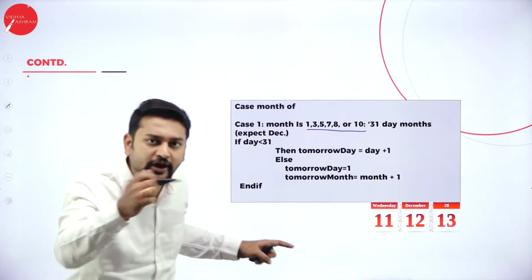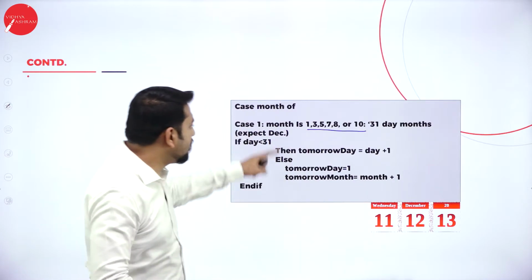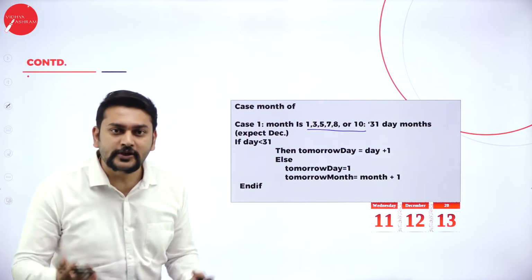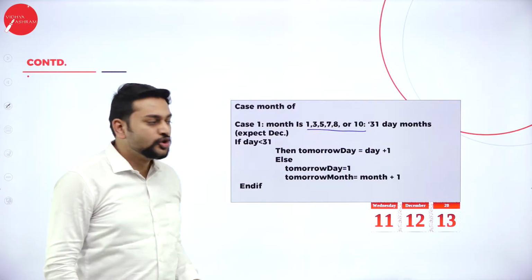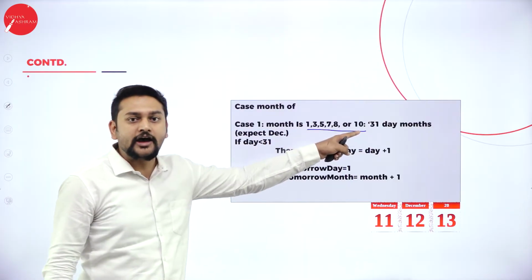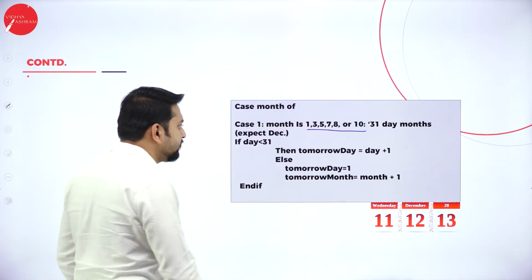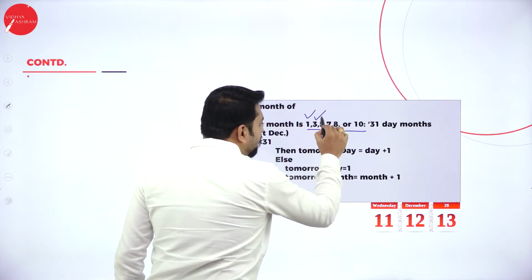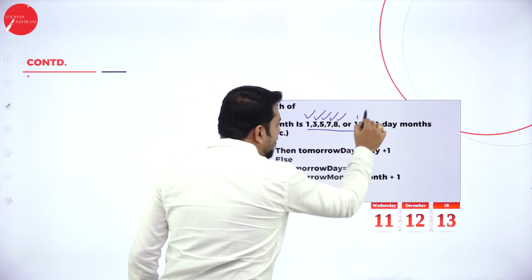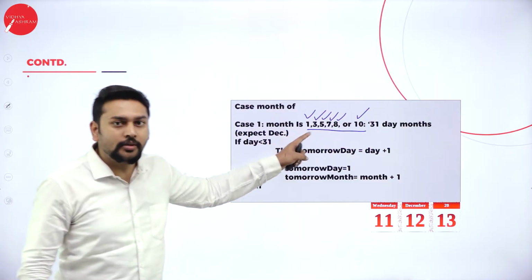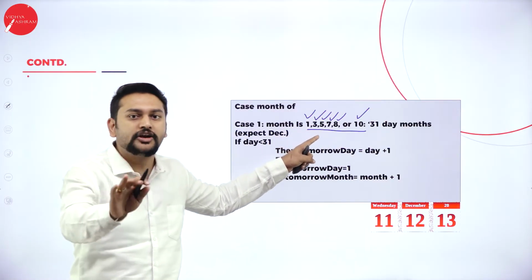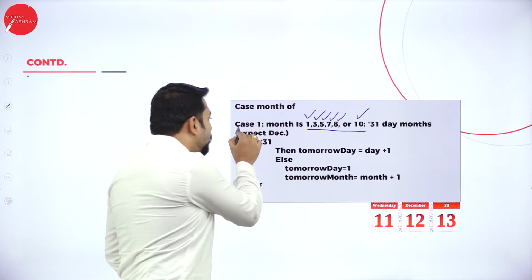If I have entered the month as 5, which case will be executed? Case number 1. Any number among 1, 3, 5, 7, 8, 10 that you enter for the month, case 1 will be executed.